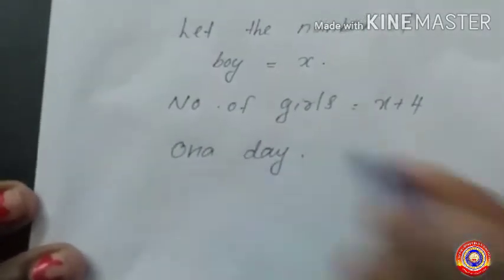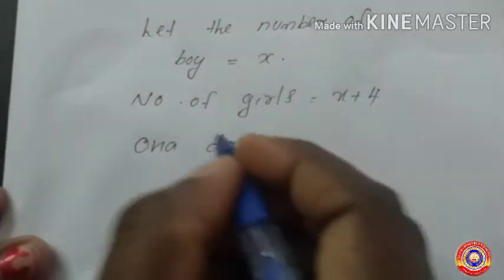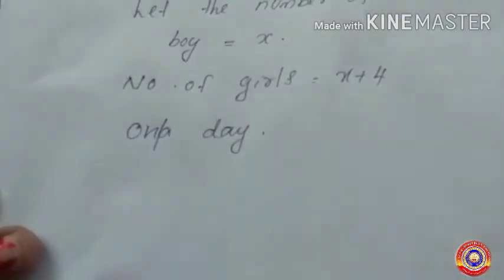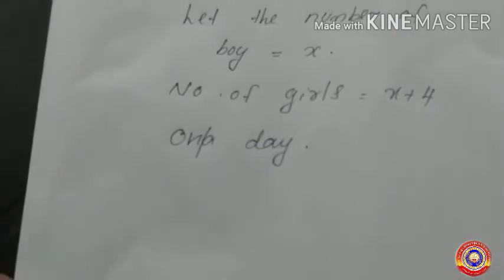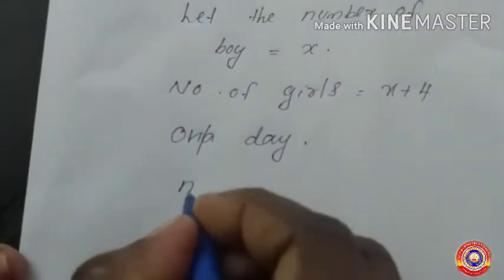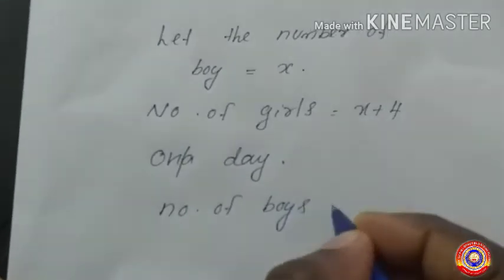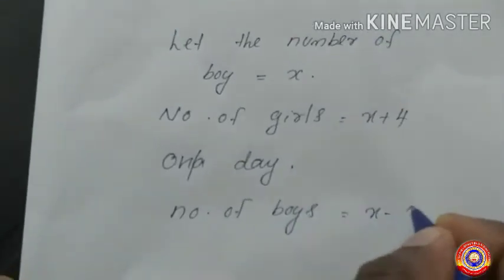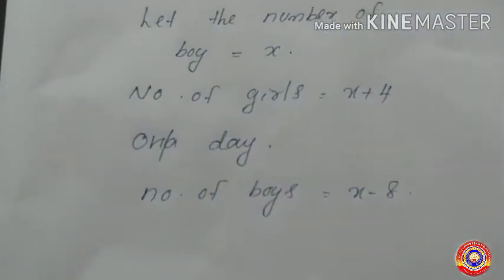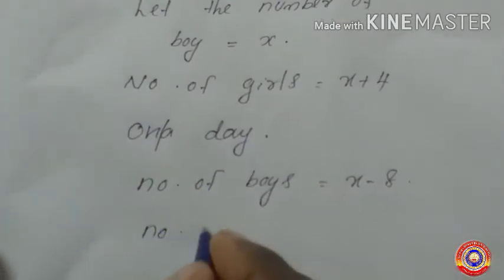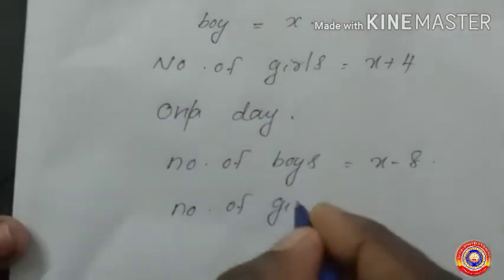On a day 8 boys were absent. So what is the number of boys on that day? Very good. Number of boys is equal to x minus 8. On the same day, the number of girls was twice that of the boys.